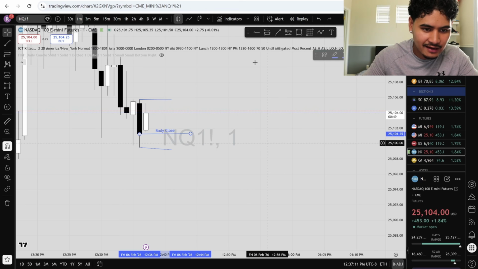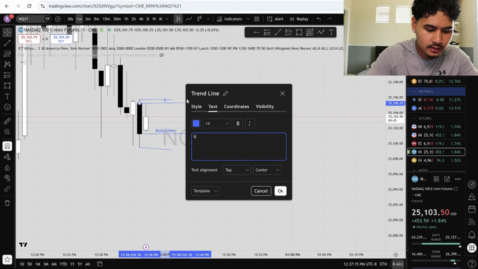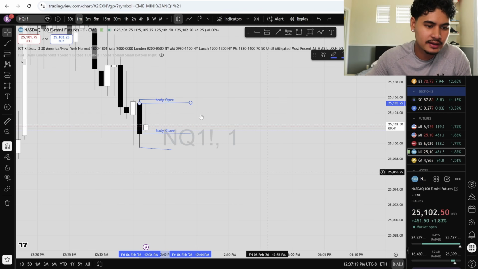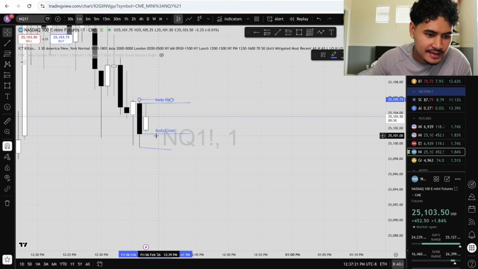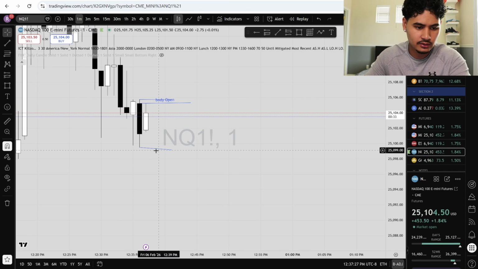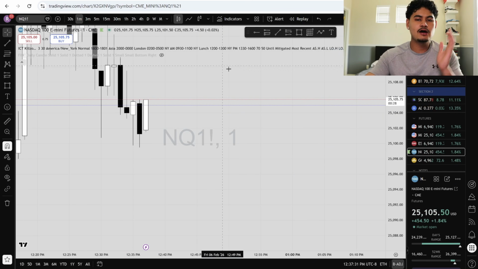And then we have our body open right here. So very, very straightforward. And then we have our wicks right here. And then as you can see, the next candle opens up at the previous body close. So that is the anatomy of how candles form.